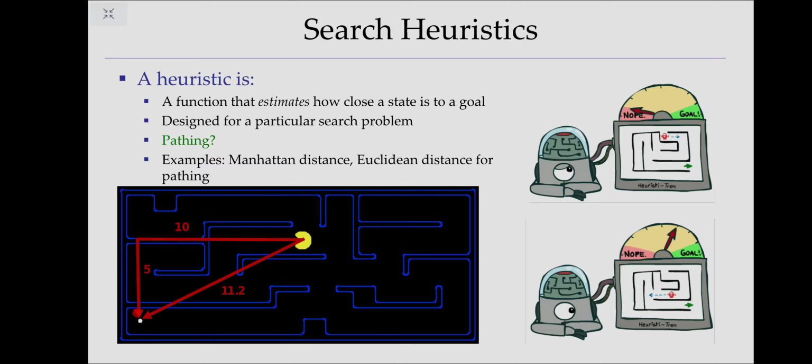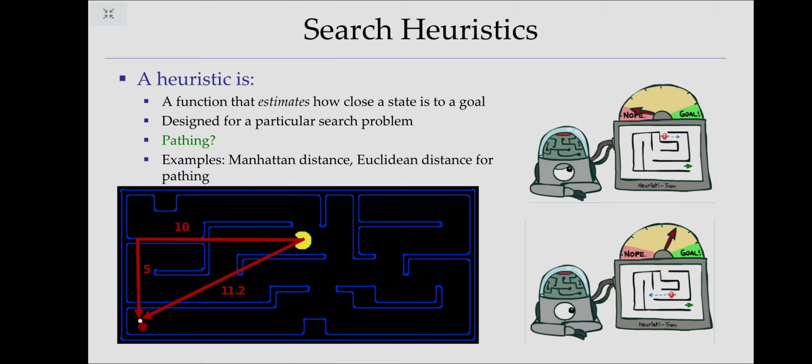The square root of this value is the Euclidean distance. In this example, it is 11.2.